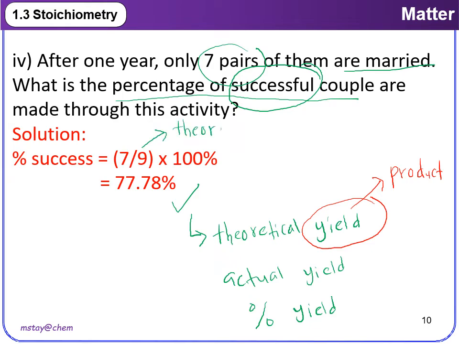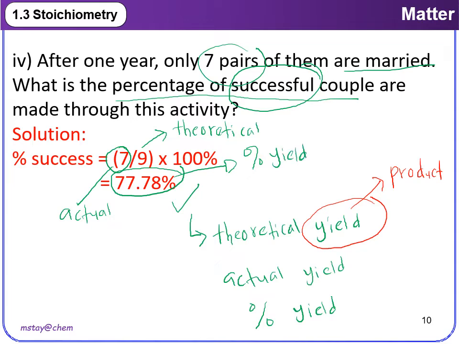Because there are 9 pairs, theoretically we hope all the 9 pairs are successful, but in actual only 7 are successful. So when I use the actual over the theoretical yield multiplied by 100%, this 77.78 will be considered as the percentage yield.